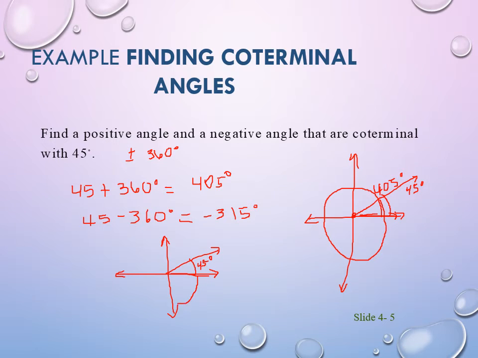Okay, 90 degrees, 180 degrees, 270 degrees, right? And this would be negative 315, right? So if you guys see, both 405 and negative 315 have the same initial and terminal side of 45 degrees, and that's what we call coterminal angles.